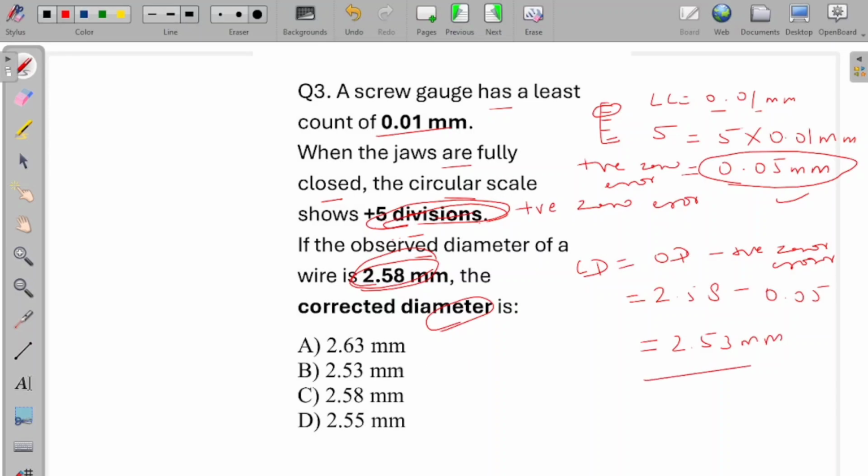Okay, so the answer matches option number B.